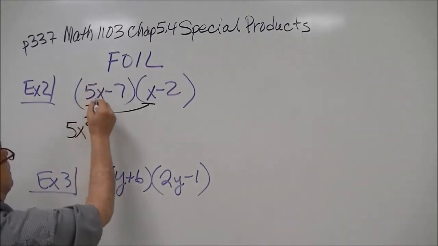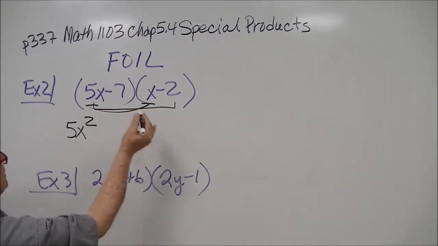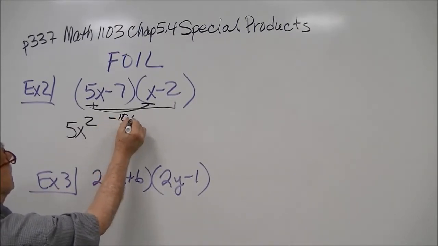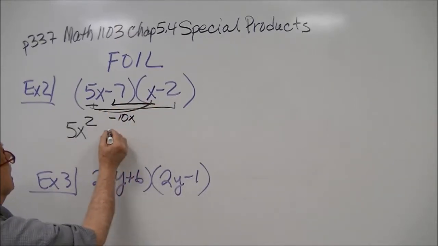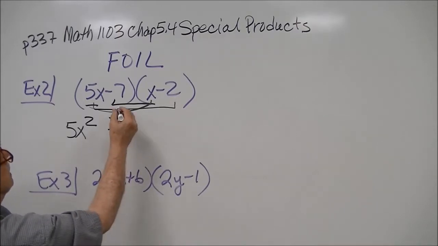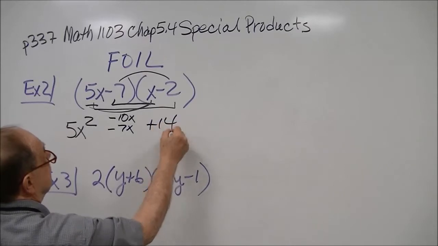Now when we do our outers, we know they're going to be like terms, so we can put them like this, a negative 10x, and our inners, a negative 7x, and then now our last, a positive 14.